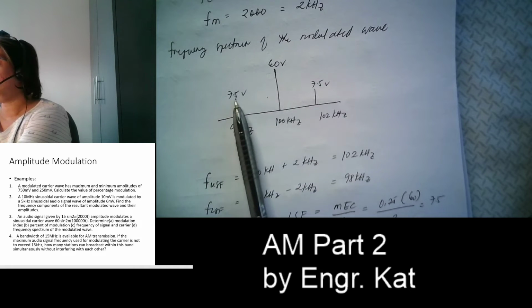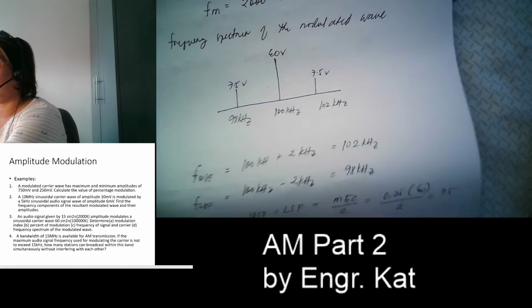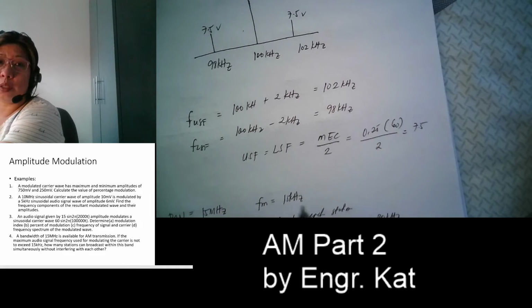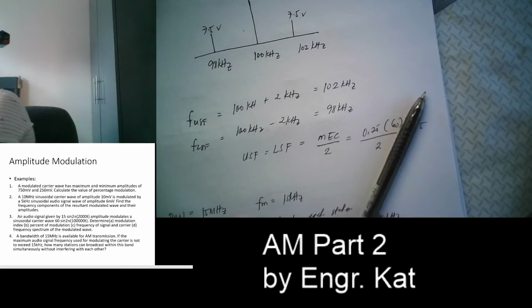Okay? And then where did we get 7.5? That is the amplitude. The upper and the lower sidebands' amplitudes are equal, and it is equivalent to m times EC divided by 2.